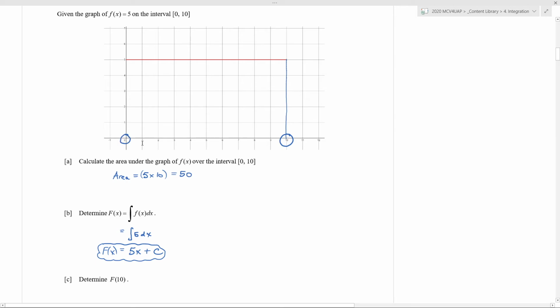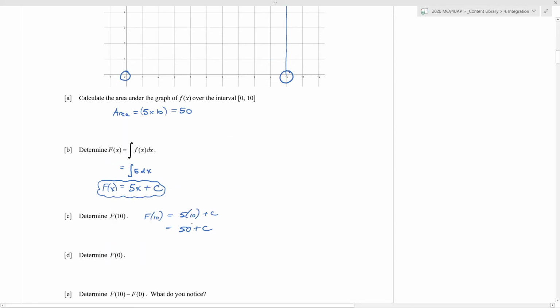We're interested in the interval x equals 0 to 10. So capital F at 10 is 5 times 10 plus a constant. So that's 50 plus some constant. And right now I don't know what the constant is, but we're going to see that that won't matter.